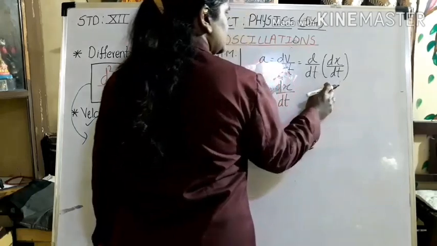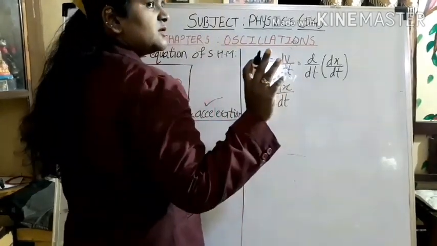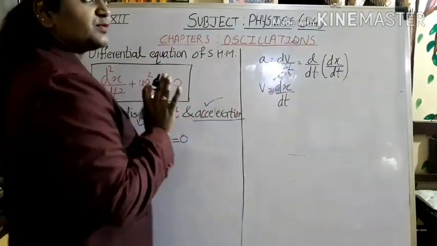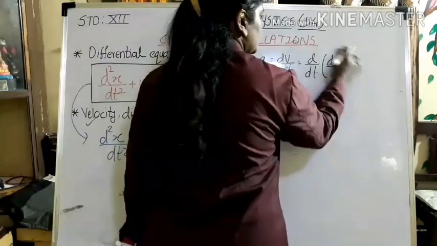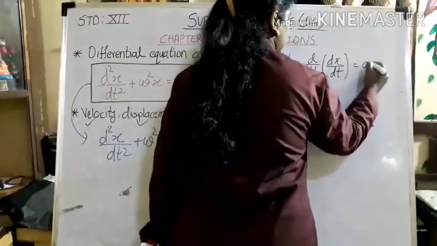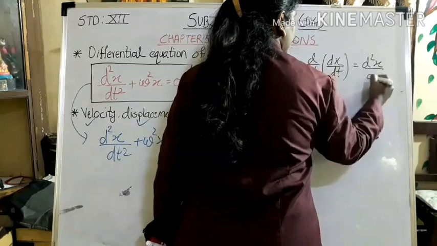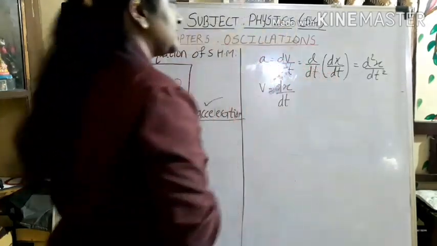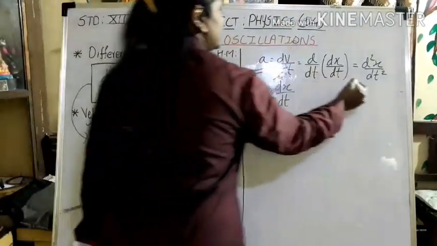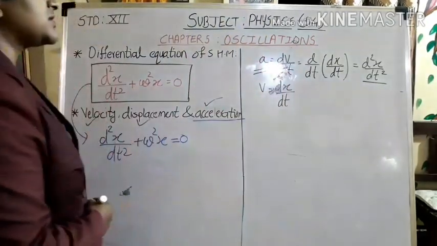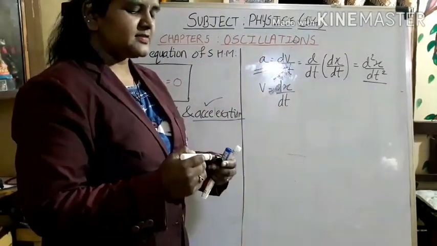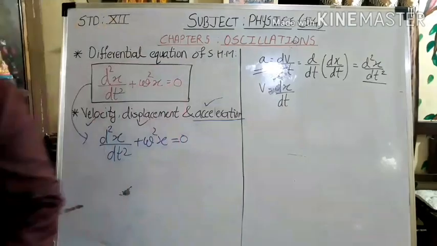We used this kind of equation while deriving the differential equation also, if you remember. So by combining both of these, I will get d2x by dt square. So what is acceleration? Acceleration is d2x by dt square.